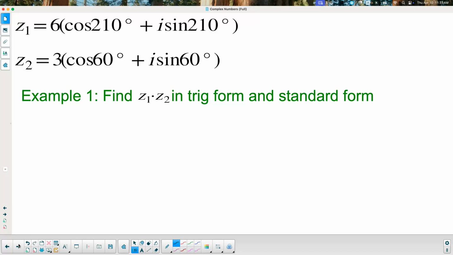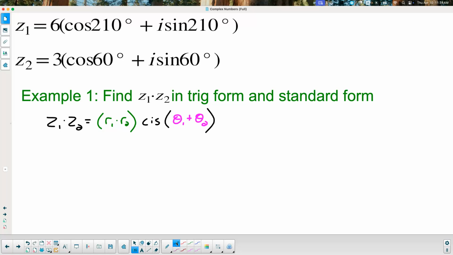Well, as we said before, that's going to be, we multiply the r values, and we add the theta values.